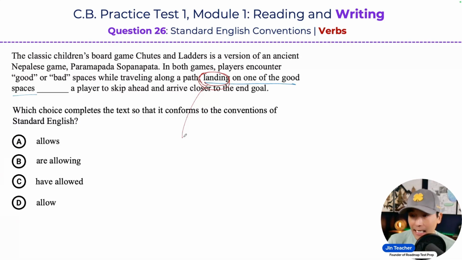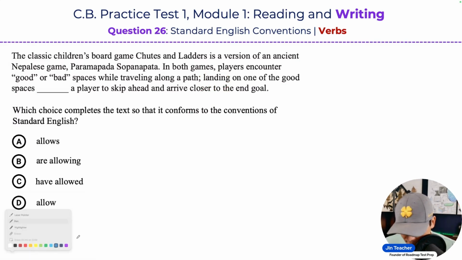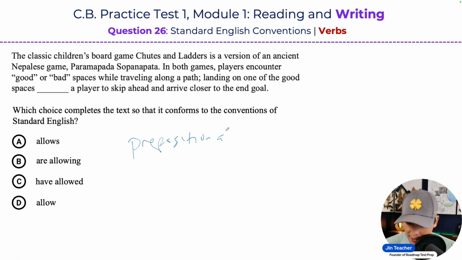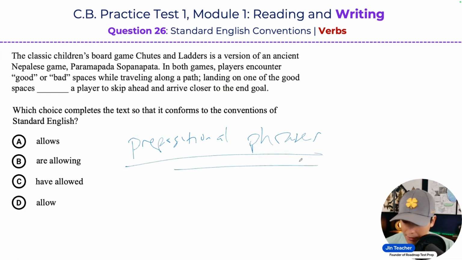So first of all, a simple subject is never going to be found inside of prepositional phrases. Okay? So what's a prepositional phrase? A prepositional phrase is basically just a group of words that begins with a preposition.